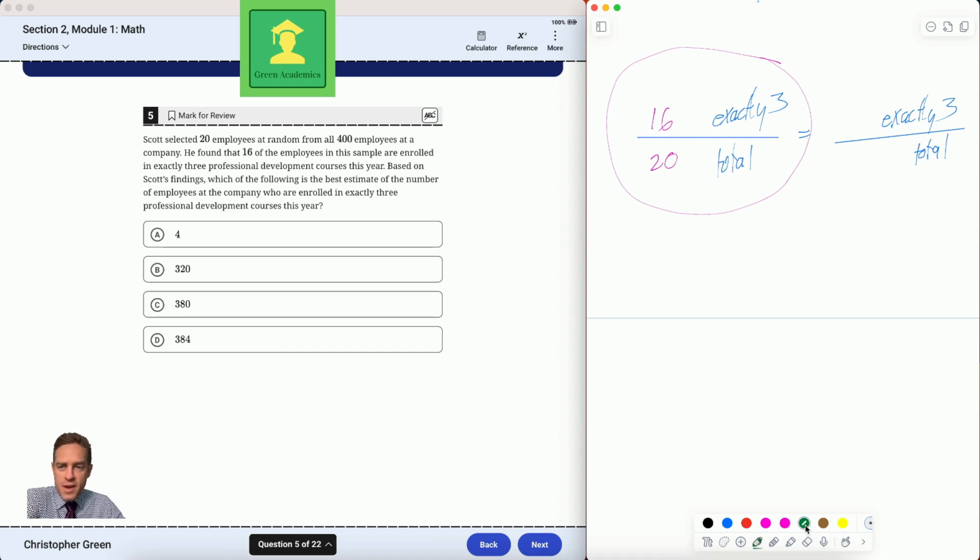Then on the other side, it's the thing you're looking for out of the 400. And then again, you proceed by cross-multiplying. So 20x is 16 times 400, which is what? A 64 with 2 zeros, which makes x 320.